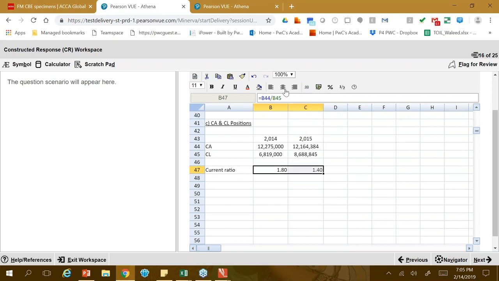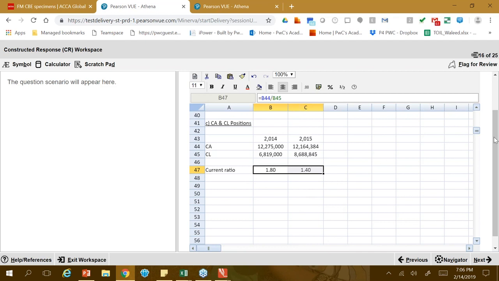So what are these current ratios telling us here?